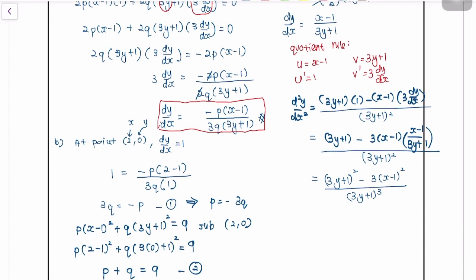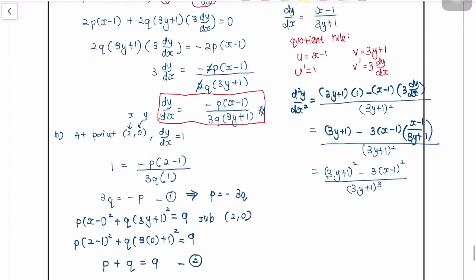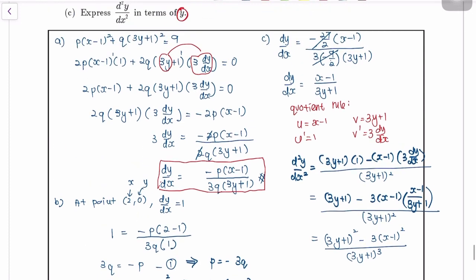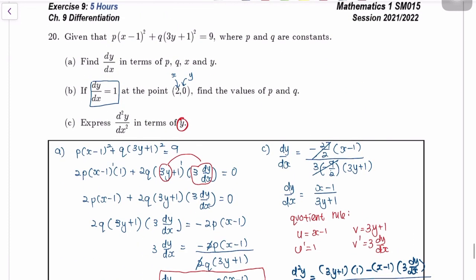Okay, now masalah kita ada x minus 1. Kita tak nak ada x, kita nak semua in terms of y. So dekat sini kita akan cari relation between x and y. Kita boleh gunakan daripada soalan. So tengok pada soalan kita. So gantikan p yang kita dah ada tu. So p we have 27 over 2, this one (x minus 1) square plus q. So q we have negative 9 over 2.